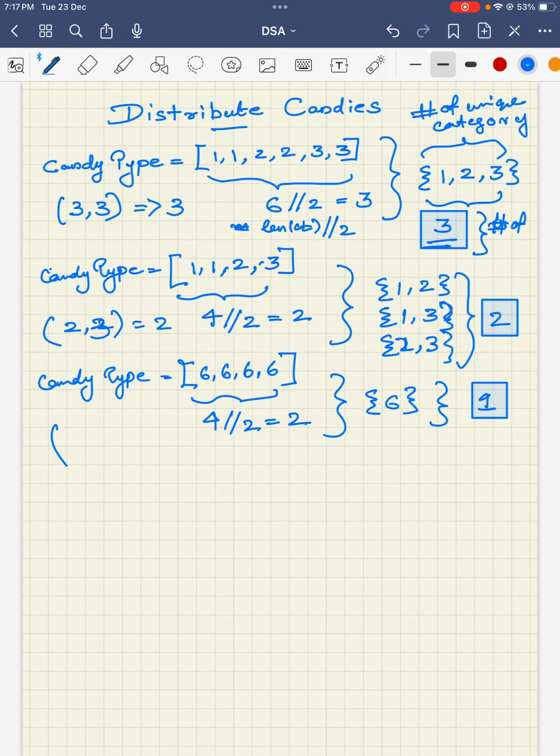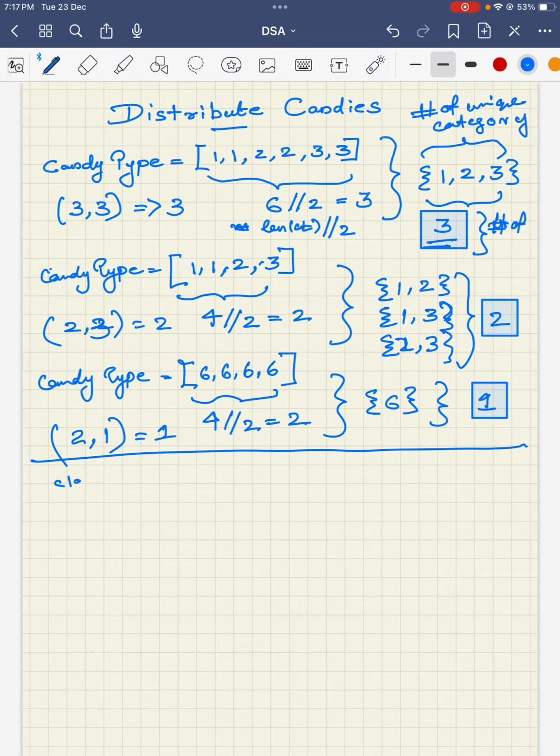In the third example, it was the selection between 2 and 1, and the answer turns out to be 1. So in the problem statement, we have to count the unique categories and the length by 2 of the candy type. Whichever is the minimum is our answer. So let's try to solve it.